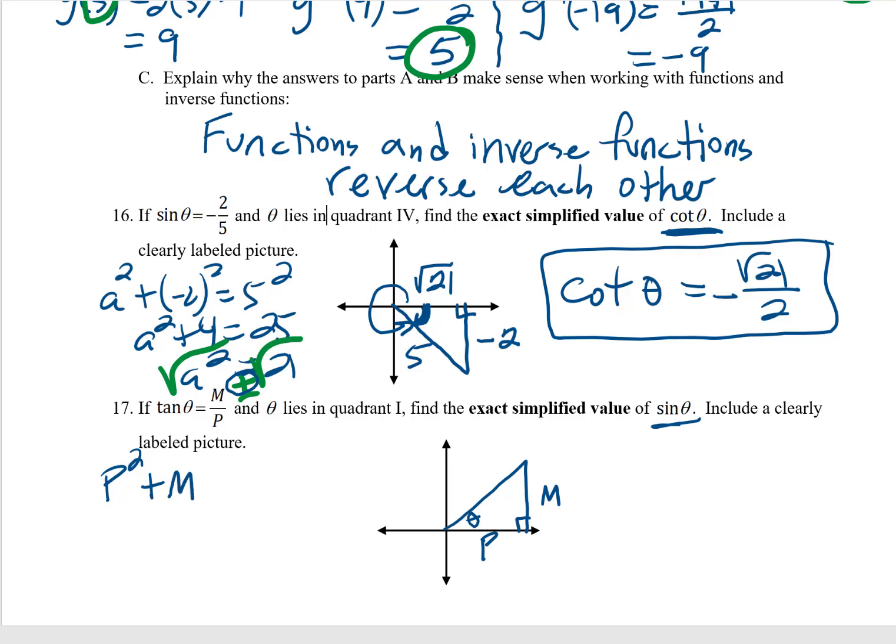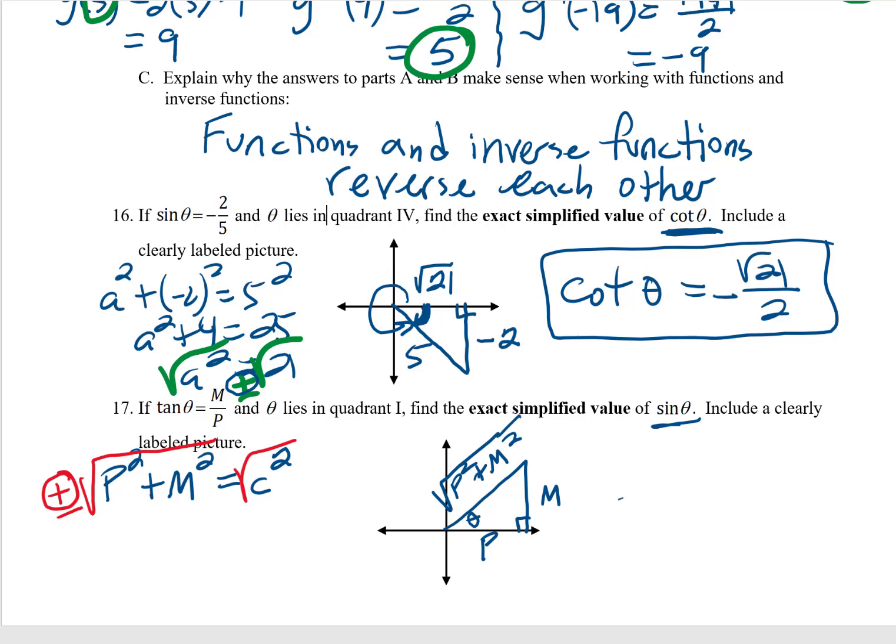I'm not going to get a number. I'm going to get a little expression here. p squared plus m squared equals that hypotenuse squared. I can solve for the c in just one step. Square root both sides, plus or minus. Of course, hypotenuse is always positive, so I choose the plus. This side is equal to the square root of p squared plus m squared. I have no way to simplify this any because of that plus in the middle.